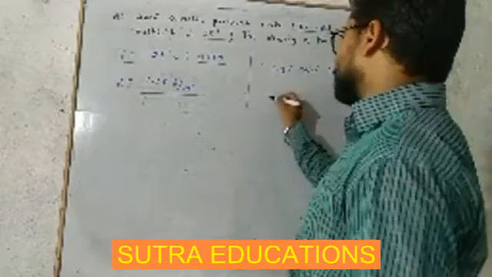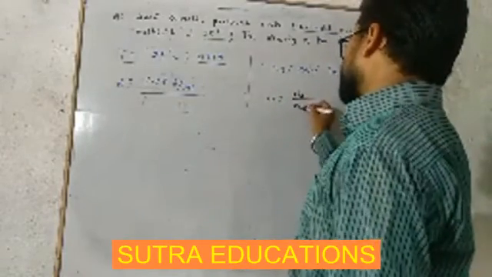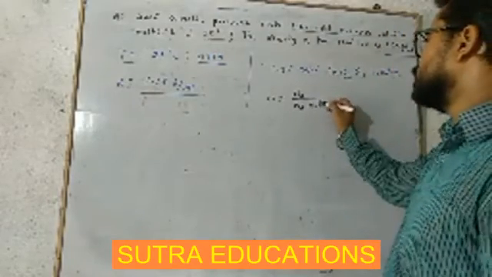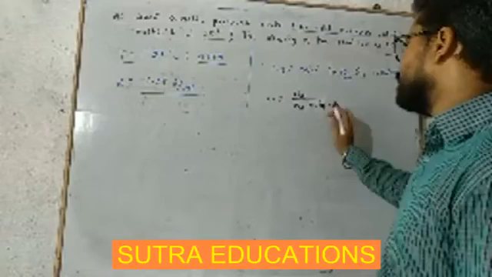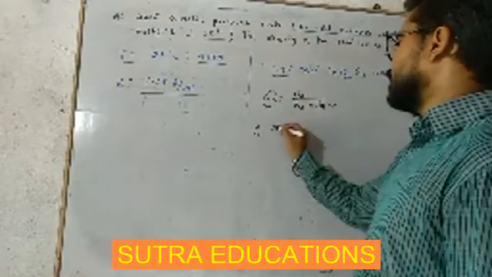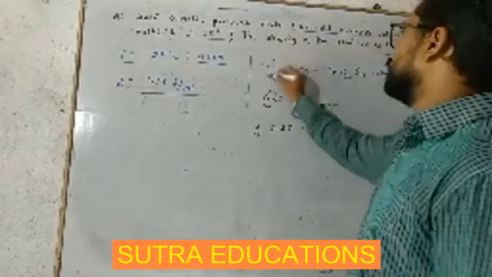Okay, so we know molality is equal to WB upon MB into WA in kg, and here WA is 1 kg. This molality is given as 1.25.